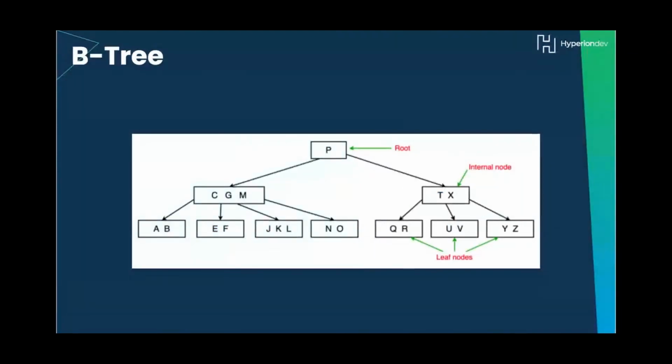Lastly, we have B trees. So a B tree is a self-balancing type of tree in data structures that sorts data in logarithmic time to allow for search, sequential access, deletion, and insertions. A B tree, unlike a binary tree, allows its nodes to have more than two children. They can read and write larger blocks of data in databases and in file systems.